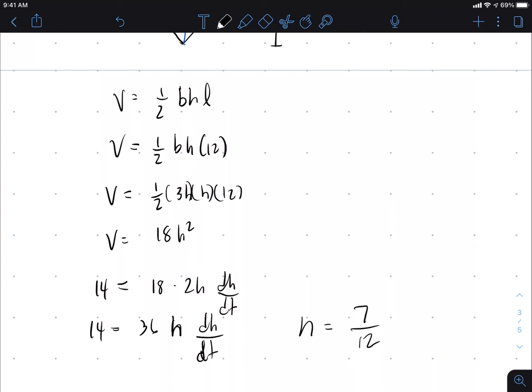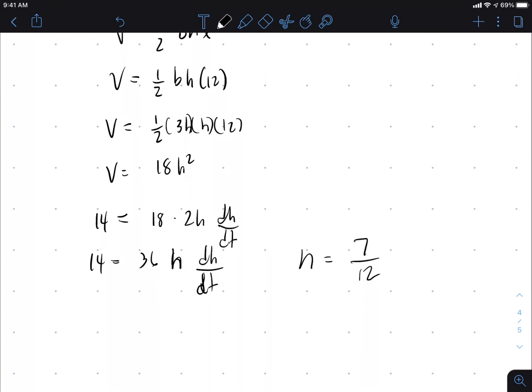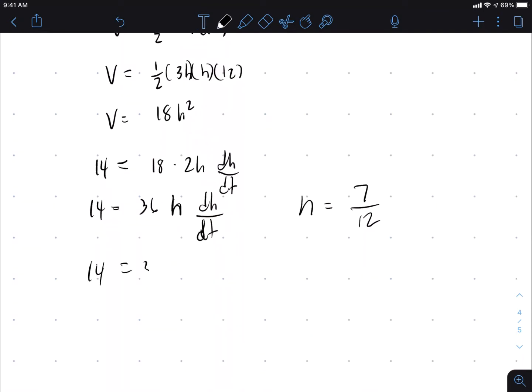If you had 8 inches, you would have gone 2/3 feet, right? And then the next piece, and this is probably where you messed up: it's asking about the decrease. When it goes to the decrease, you can substitute in. 14 is equal to 36 times 7/12 times dh/dt. What was my dh/dt?